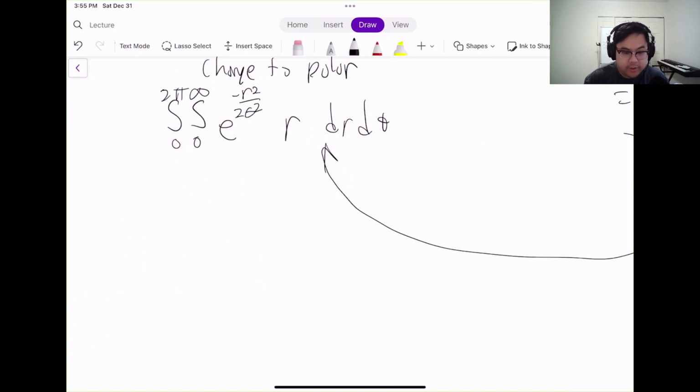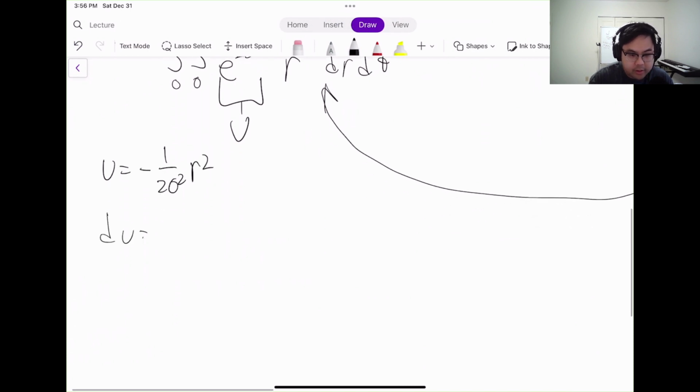If we make this part u, then we have negative r squared over 2 sigma squared. What's the derivative of that? It's just negative r, but that'll cancel here. So let's go over u substitution. We have u equals negative r squared over 2 sigma squared. Well, remember, sigma is just a constant, so we can treat it as a constant. Du equals, well, let's see here.